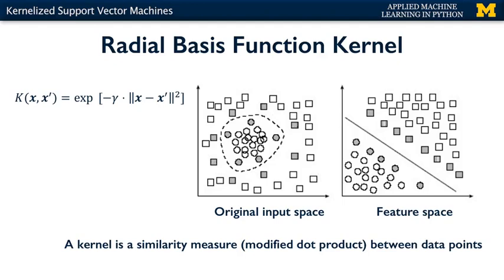The linear decision boundary, learned in feature space by a linear SVM, corresponds to a nonlinear decision boundary in the original input space. So in this example, an ellipse-like closed region in the input space.